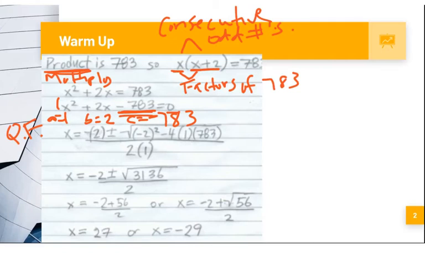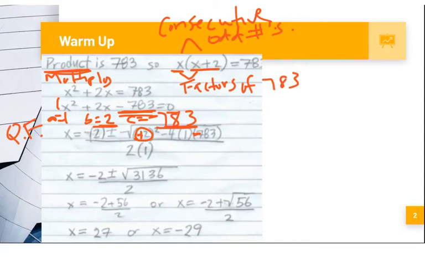Okay? They all have to be on the same side in order for your A, B, and C values to be correct. Cool. So the mistakes here were that there should not be a negative 2, right? This is a positive 2. And here, this is a negative 783, so that should be negative 783.